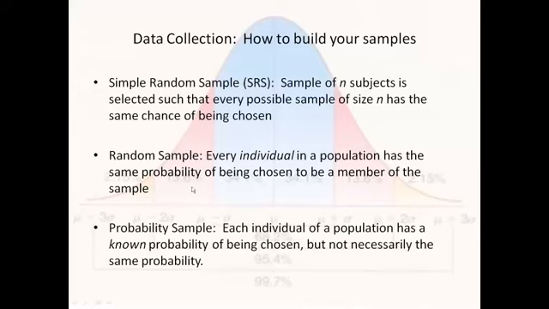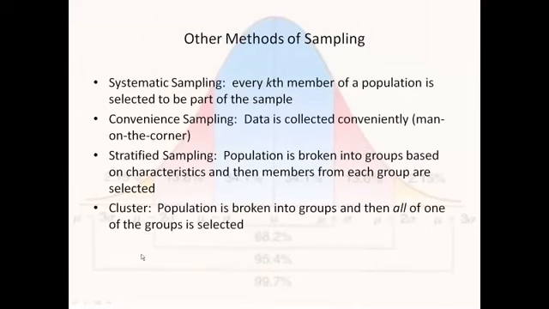Then I don't want to do a simple random sample with that, because if I'm trying to grab 5 kids, I might end up with 5 Caucasian kids, or I might end up with 5 African American kids, and I want my sample to reflect my population. So what I would do is I would tweak the probabilities so that their probability of getting into the sample reflects what proportion of the population they truly are. All right, so just so you know.